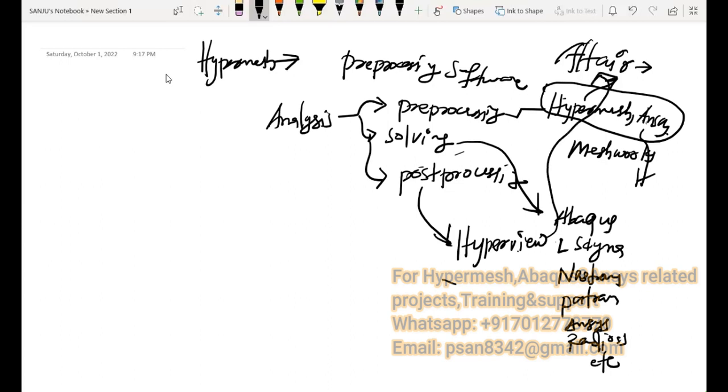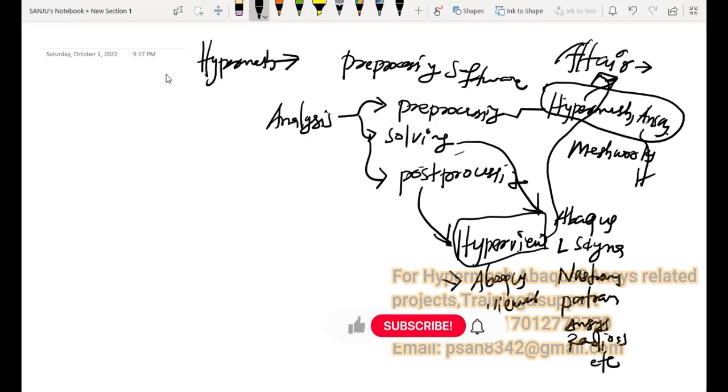Some companies use Metapost or Abaqus Viewer. We will be focusing on Hyperview in the post-processing stage. So this is just an introduction to the analysis.